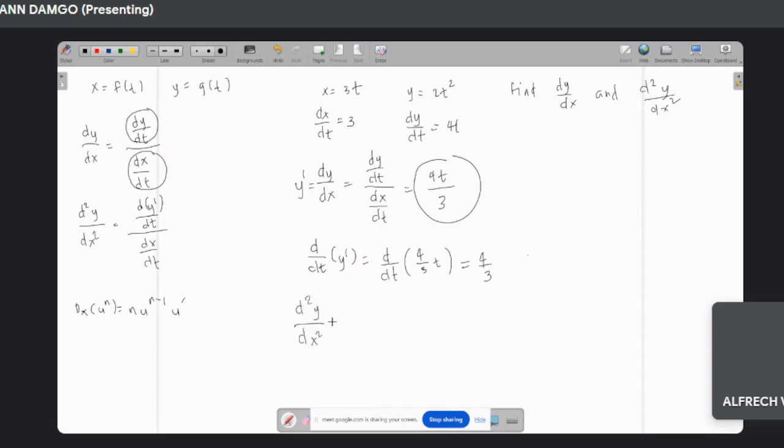This is equal to d dt of y prime over dx dt. So d dt of y prime is 4 over 3, all over dx dt which is 3, which is equal to 4 over 9. And this is the final answer.